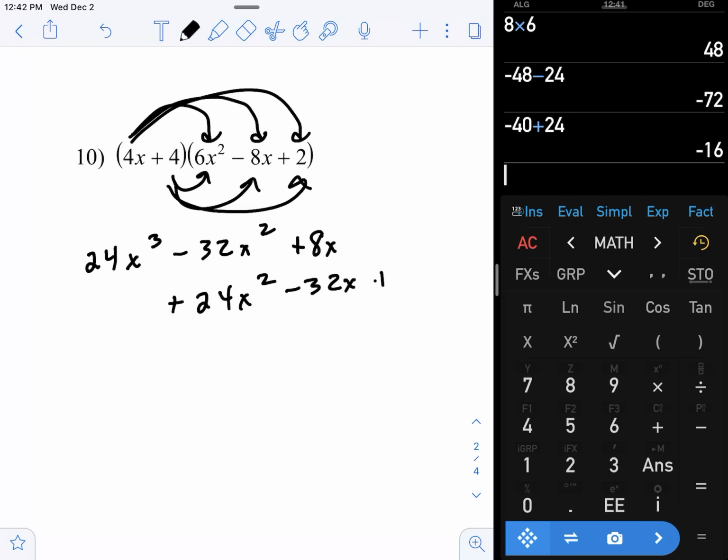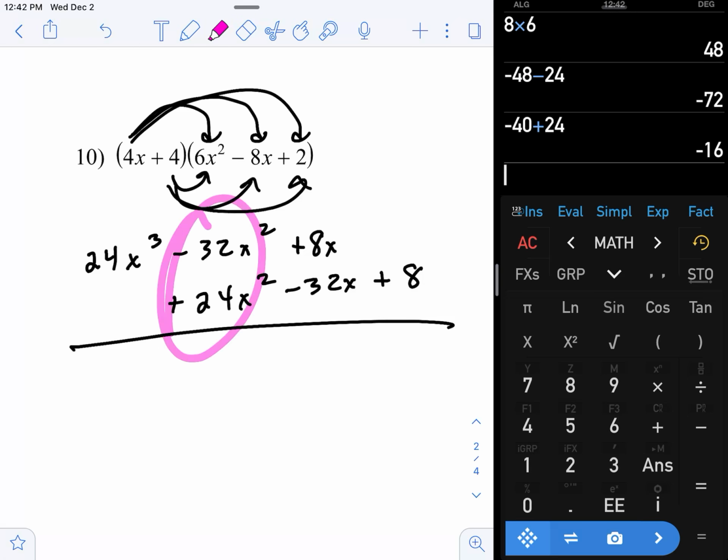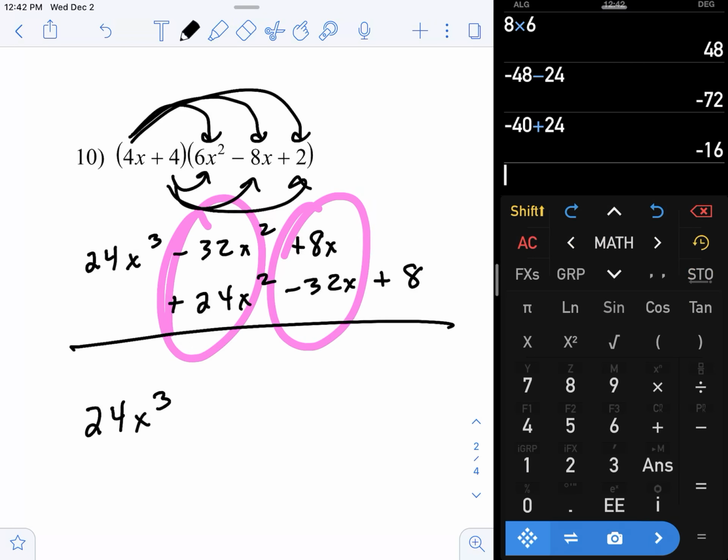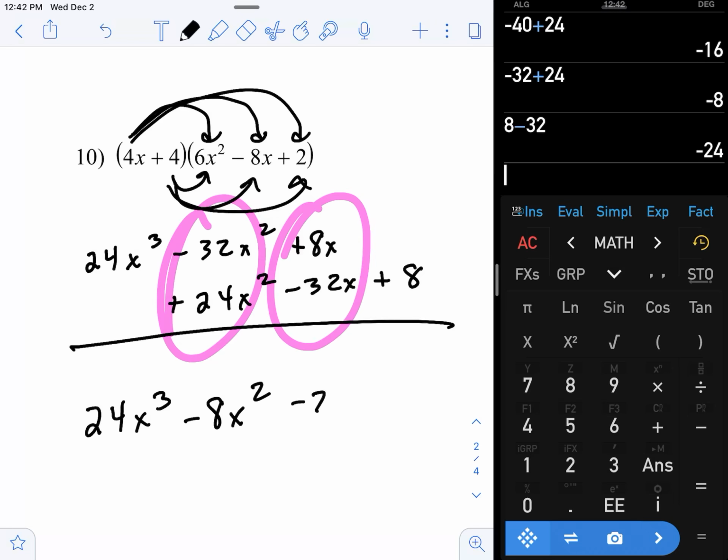And now 4 times 2 is 8. Okay. And again, these line up on purpose. Okay. 24x to the third. Okay. Minus 32 plus 24, negative 8x squared. 8 minus 32, negative 24x plus 8.